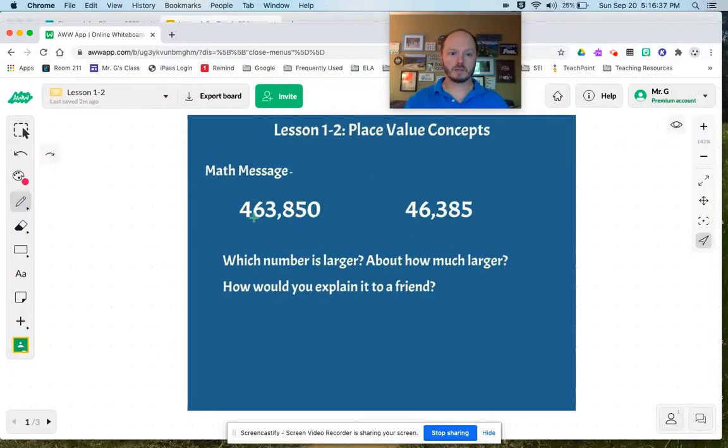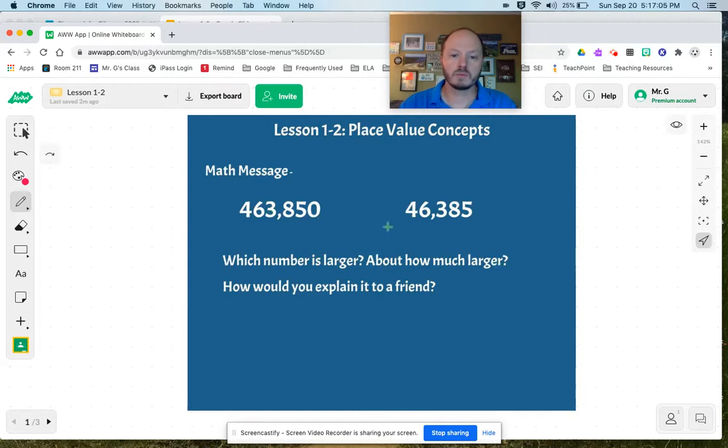Our math message related to lesson 1-2, place value concepts, is a couple questions about these two numbers. I'm not going to read the numbers to you because that is going to be a part of your thinking. I want you to read these numbers to yourself, and ask yourself which number is larger and about how much larger.